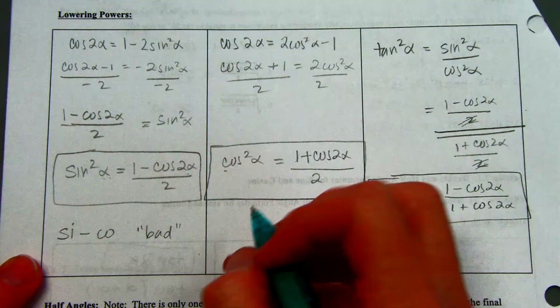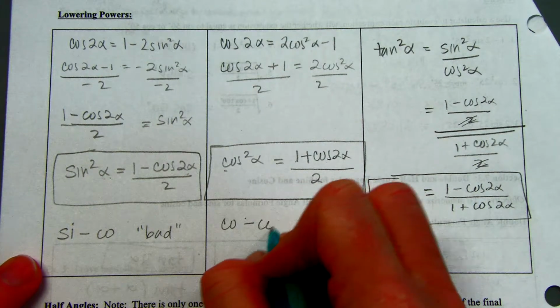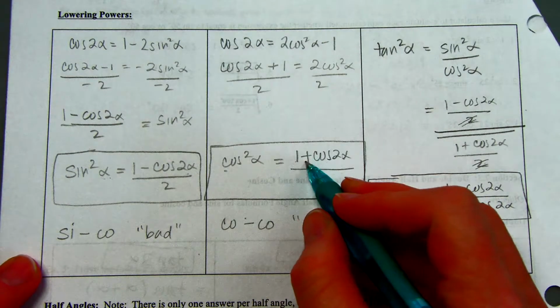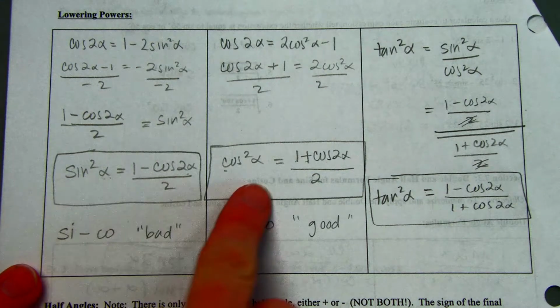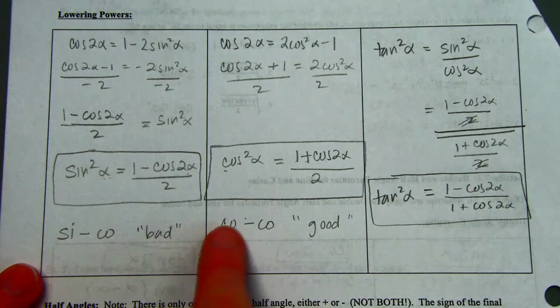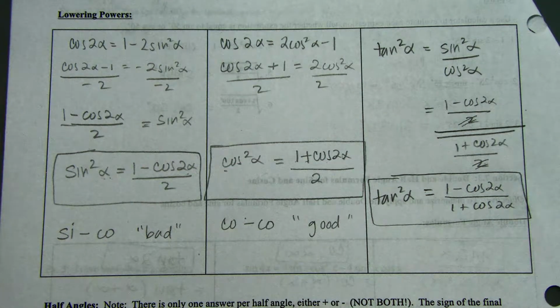What do you think I'm going to say here? Cocoa is good. It's positive. I did not make this up. You can talk to Miss Pickett. So this is a silly little way to remember these formulas for lowering powers. Psycho is bad, negative. Cocoa is good, positive. They're the same formula, just with a little bit of alteration.